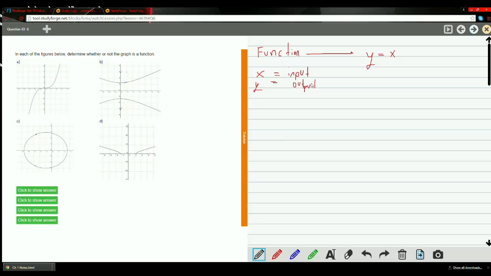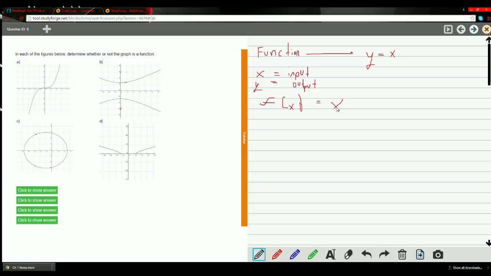What does input mean? You put a number in x, and then it gives you an answer for y. So as a function of x, you plug in a number for x, and it gives you an output, which is y.